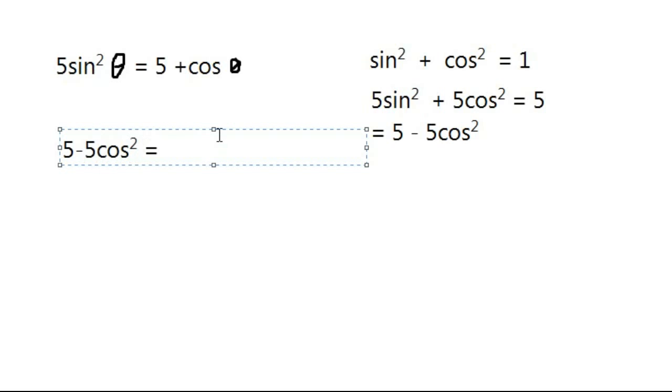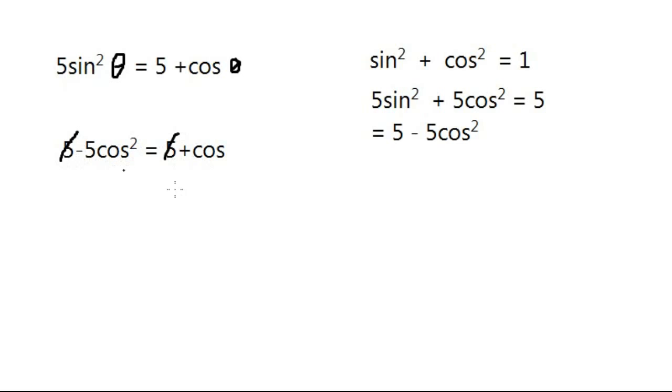equals 5 plus cos. I'm not going to type the theta because it's a bit of work and I can't remember the command to do it anyways. Now we can rearrange this. We know that 5 and 5 cancel, so we just remove them from the equation.